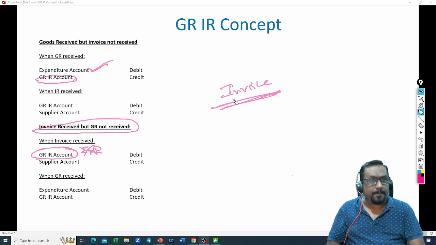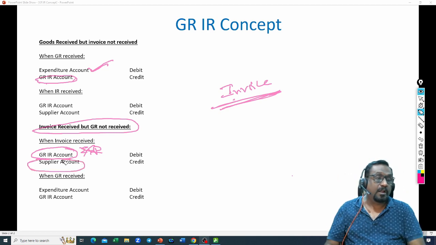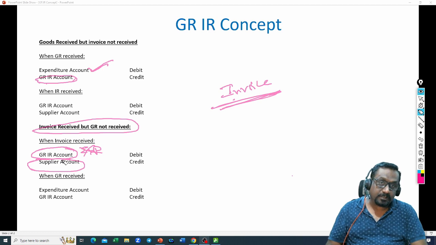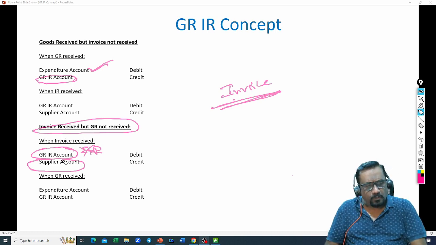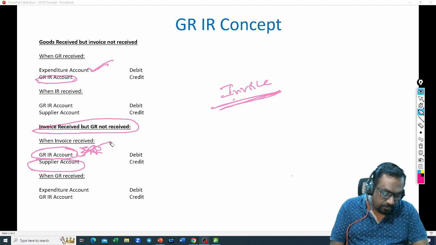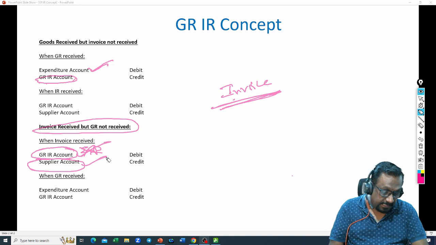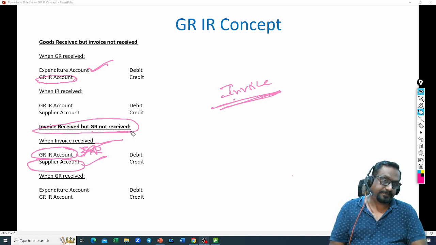As long as they are matching with the PO, you can go ahead and credit the supplier account. You don't need to wait for goods to come to credit the supplier account because you received the invoice copy. So GRIR account debit and supplier account credit should be the entry when the invoice is received and GR is not received.